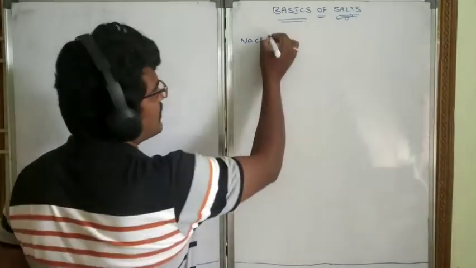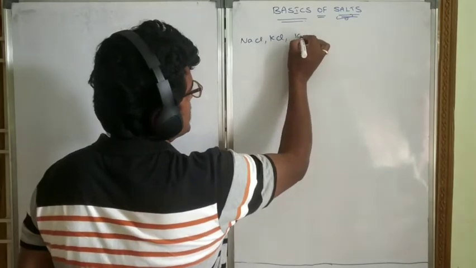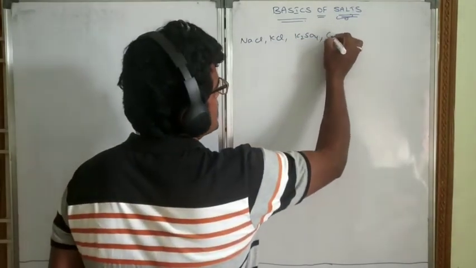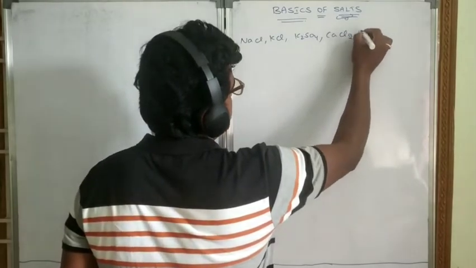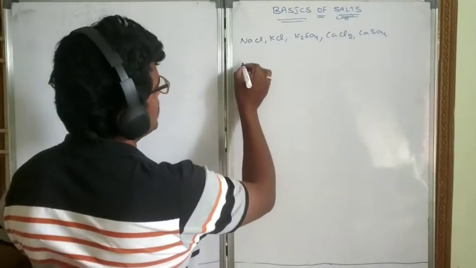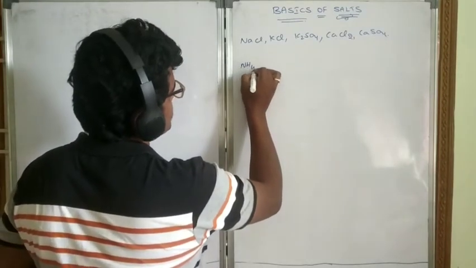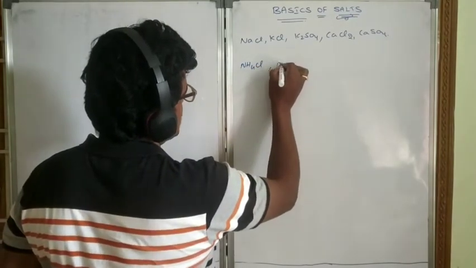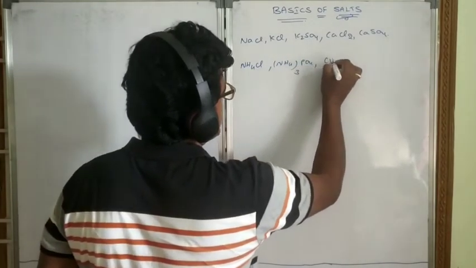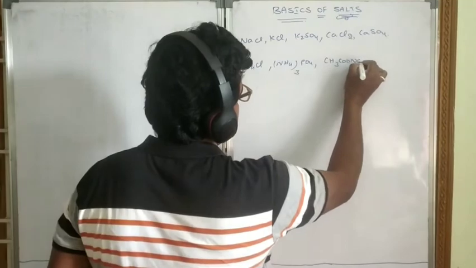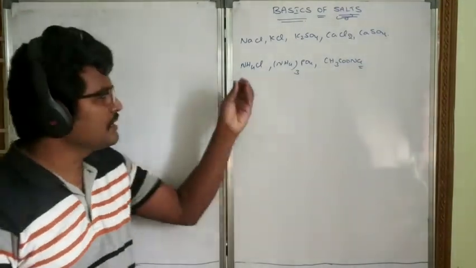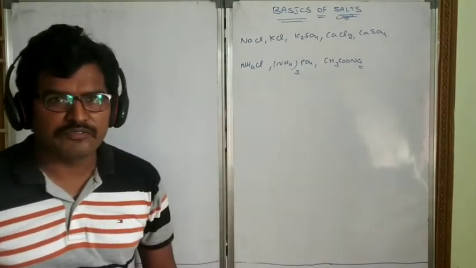NaCl is an example, KCl is an example, K2SO4 is an example, CaCl2 is an example, CaSO4 is an example, NH4Cl is an example, (NH4)3PO4 is an example, CH3COONa is an example. Like that, we have a number of salts available.